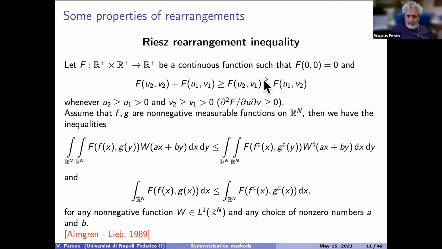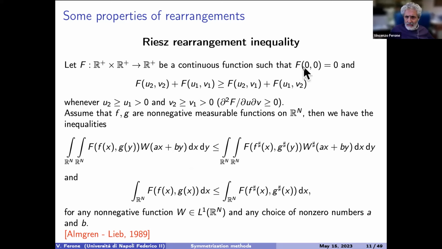The last inequality concerning rearrangement, which I would like to recall, is the Riesz rearrangement inequality. The Riesz rearrangement inequality states the following. I am referring to a statement which can be found in a paper by Almgren and Lieb, which is quite general, and I have chosen to write it down in this general form.